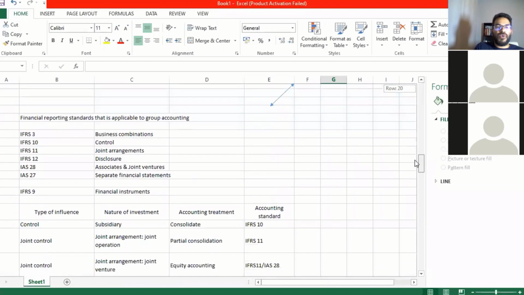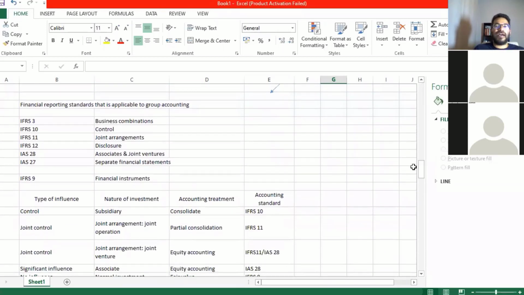We then went through and discussed the various accounting standards that apply to financial reporting. And we went through IFRS 3, IFRS 10, IFRS 11, 12, IAS 28, 27, and how IFRS 9 links up with group accounting.